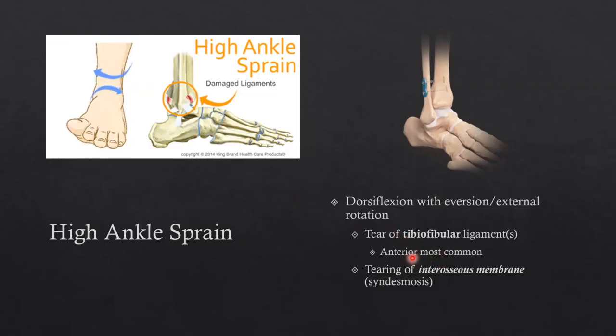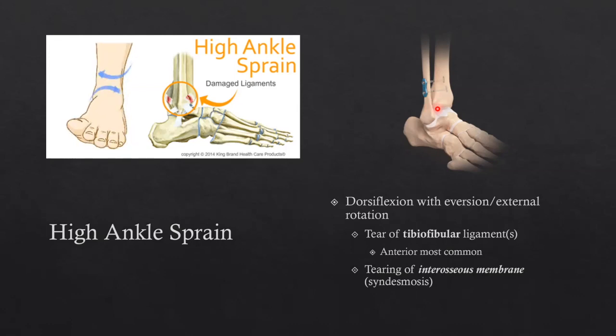Again, the anterior tibiofibular ligament is the one that's most commonly affected, and this will be the anterior tibiofibular ligament located on the distal aspect of the tibia and fibular bones. So right around here.